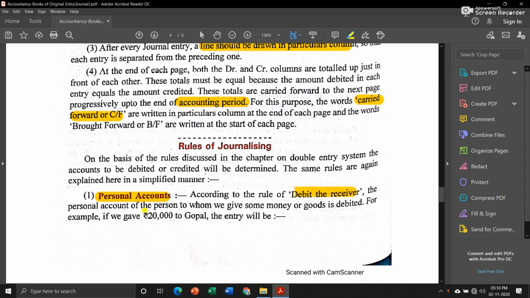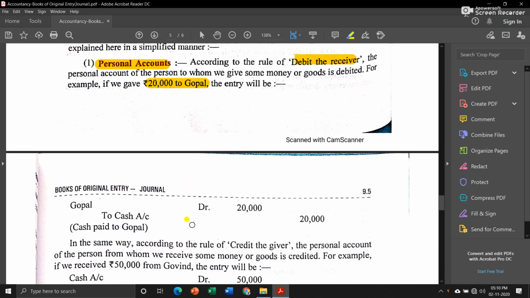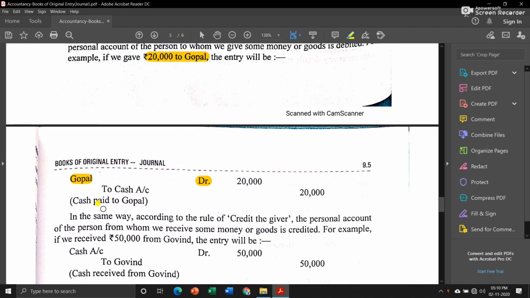If we give 20,000 to Gopal, means Gopal he is receiving this 20,000, so Gopal's account will be debited. Means we will write Gopal debit to cash, but for this example you just focus on Gopal's account. Since he is the receiver of amount, his account will be debited, and since this is personal account, no need to write account or AC in front of Gopal's name.